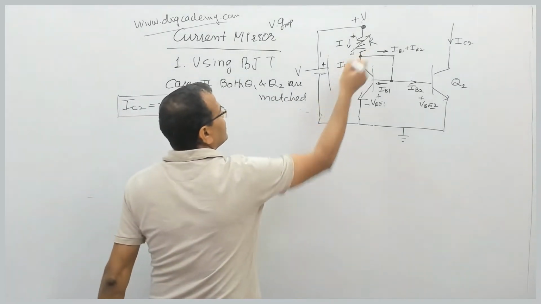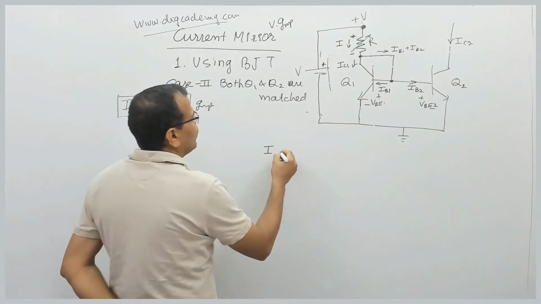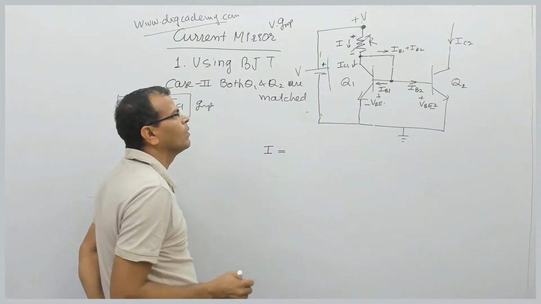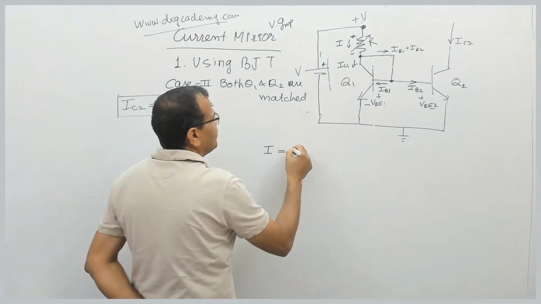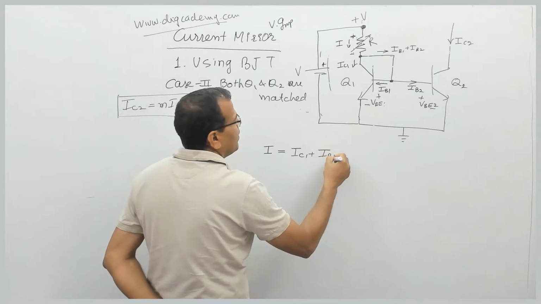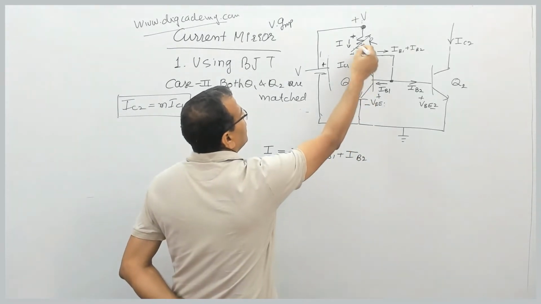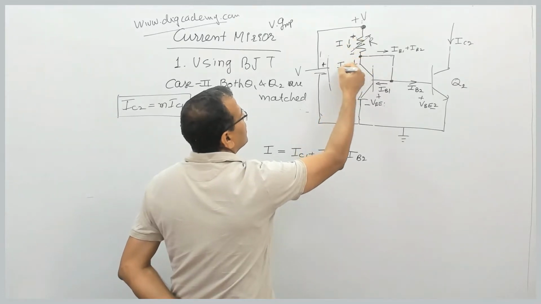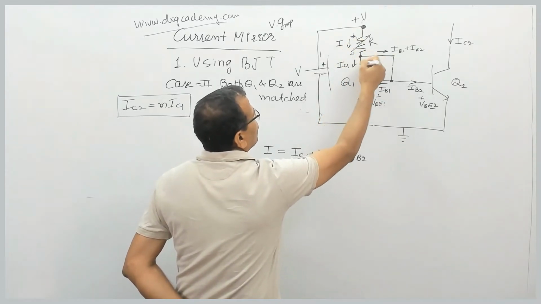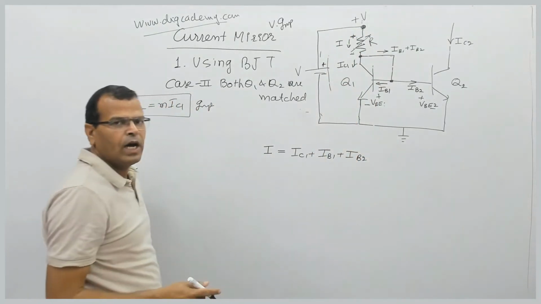Apply KCL at this node. So current I is equal to IC1 plus IB1 plus IB2. When you apply KCL here, this current I is equal to this current IC1 plus the outgoing currents, this is an outgoing current, this is an outgoing current, the sum of these two will be the incoming current. So this is what you have.